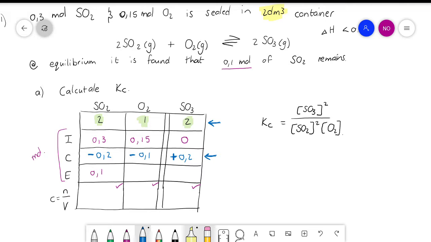Now you just work downwards. This one we've already done. Here we'll have 0.05 left, and here we now have 0.2.